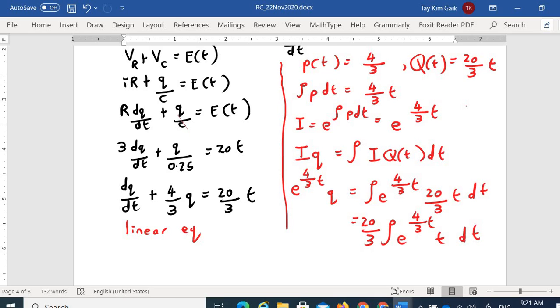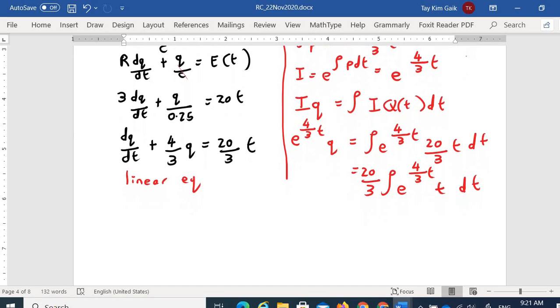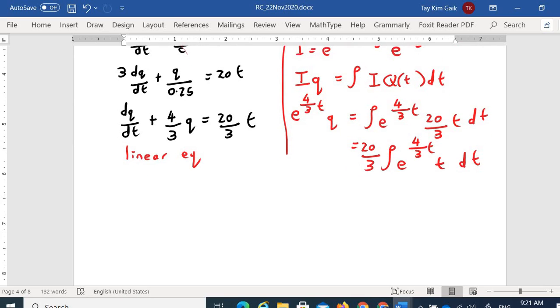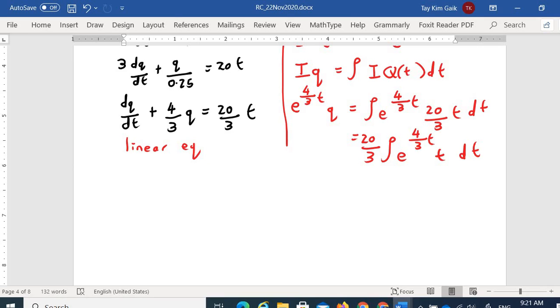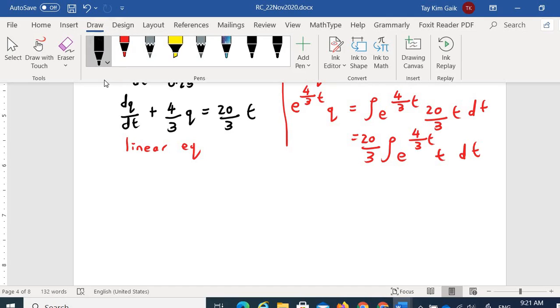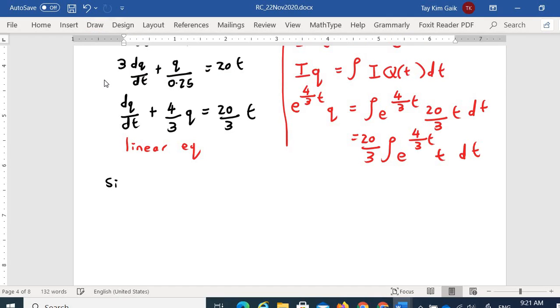Okay. So now you have the product of a t polynomial multiplied with an exponential form. I'm going to integrate it using the tabular method. In the tabular method, we have the sign, we have the u, we have the dv. Sign starts from positive.